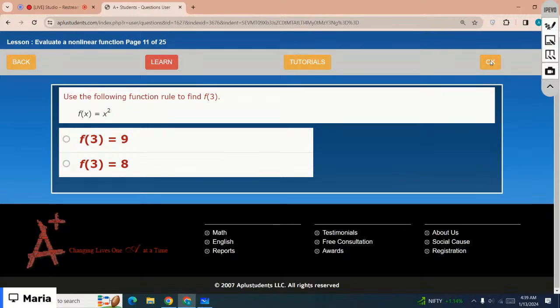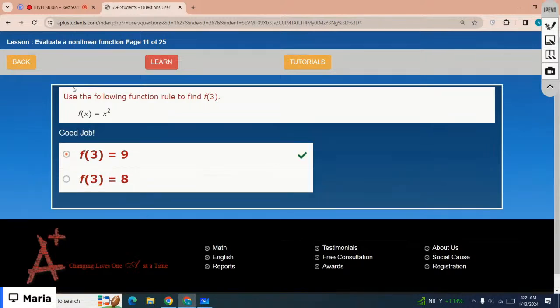Nine it is. The correct option is 9. Okay, you can complete the lesson by yourself later today.